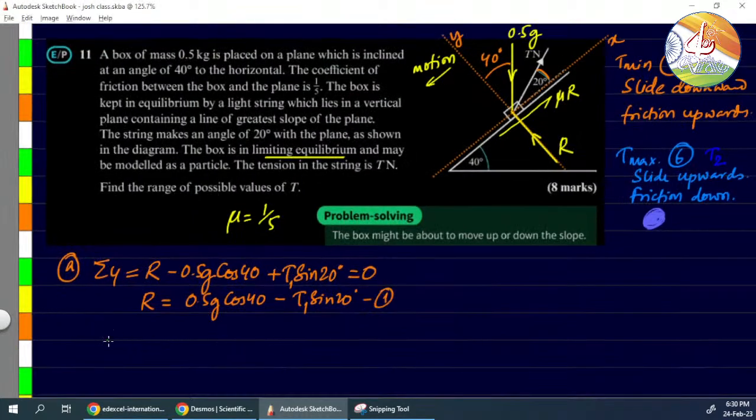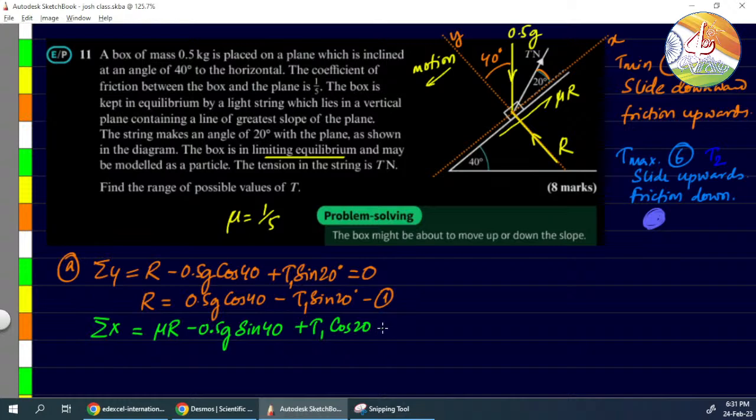Next, let us go with sigma x. All the x components we need to take. So x components is mu times R in positive x direction, then 0.5 g into sine 40. This is in negative x direction, so minus. Then T1 cos 20. This is in positive x direction, so plus.